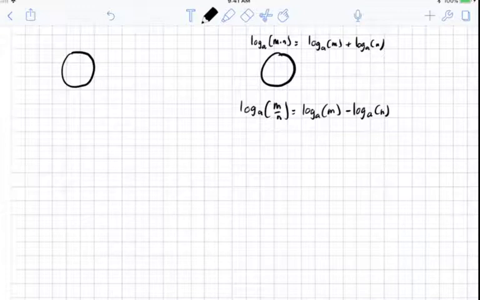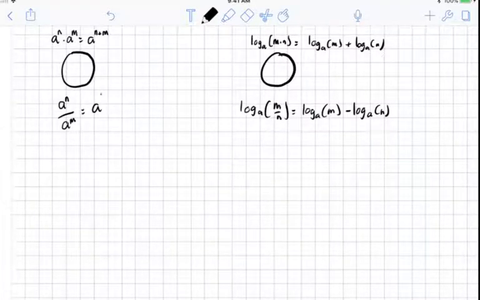Where from? Well, we also know that exponentials have weird algebraic properties. You multiply two exponentials with the same base together, and you just add their exponents. If you divide exponentials, you get a to the n minus m.